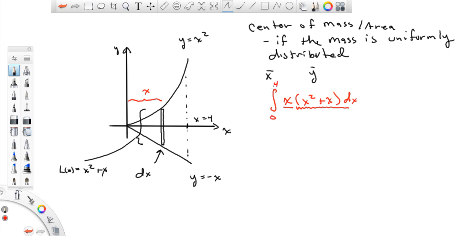Now, the next thing we need to do is divide out the total area. The area is the integral of length, which is x squared plus x, times dx. That's length times width, integrated from 0 to 4.